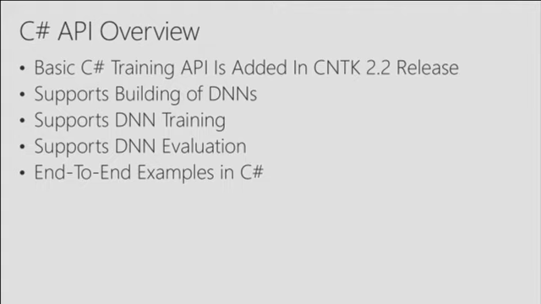As of CNTK v2.2, we have introduced the C# API, which can do both training and eval. It supports building of deep learning networks, training, and eval, and we provided a number of end-to-end examples in C#.